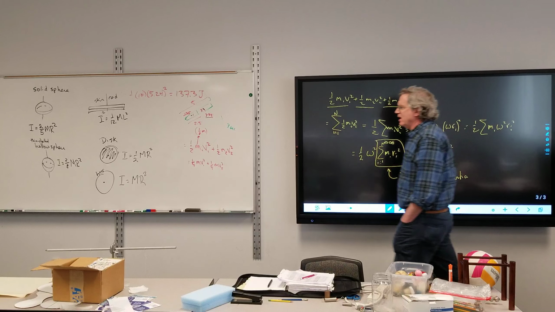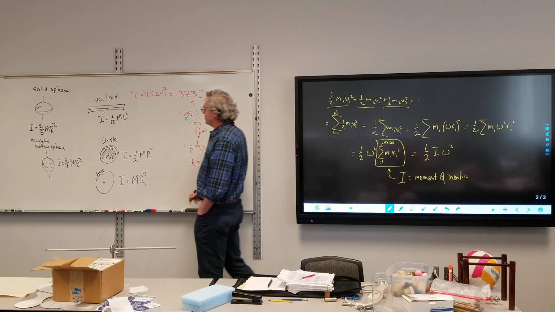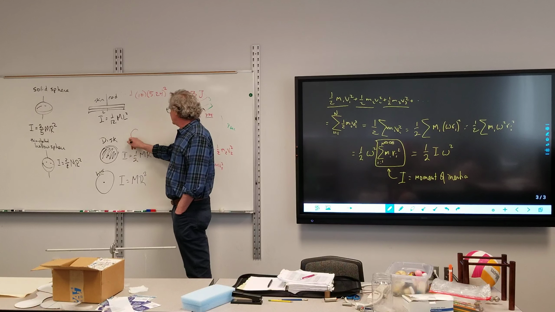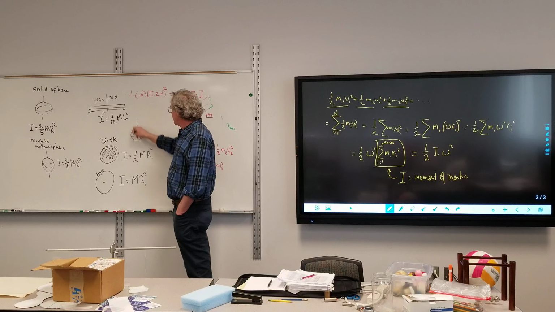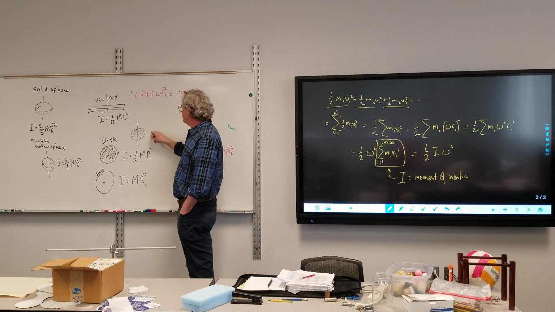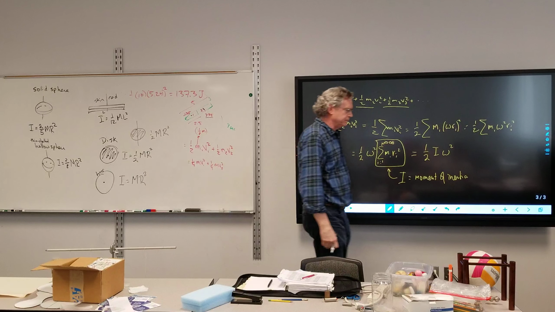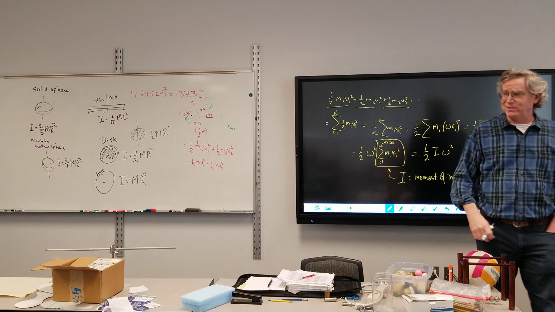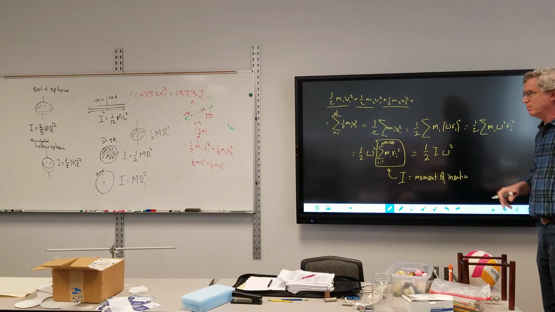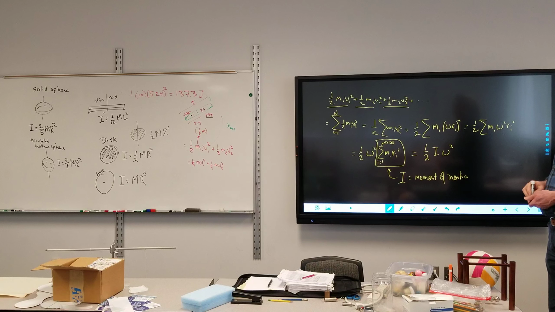And if I have a disk rotating about that axis, it's also 1/2 M R squared. It's just coincidence that it happens to be the same formula in either case.